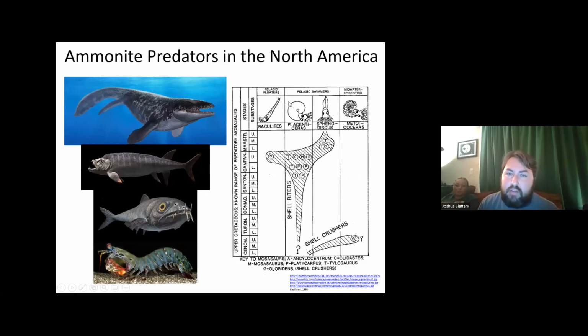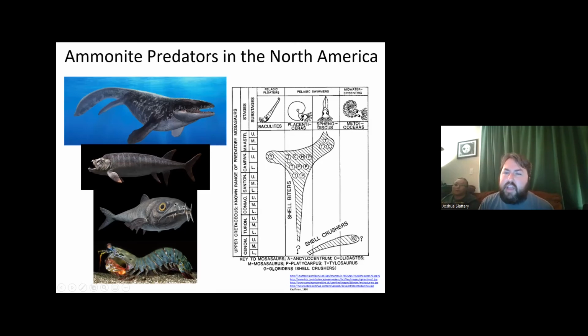This is a chart that was made years ago by Earl Kaufman, and it shows the evidence of predation on baculitids, Placenticeratidae, Sphenodiscids, and also these ammonites called Nostoceratids. You can see that the evidence of predation increases through the Cretaceous.